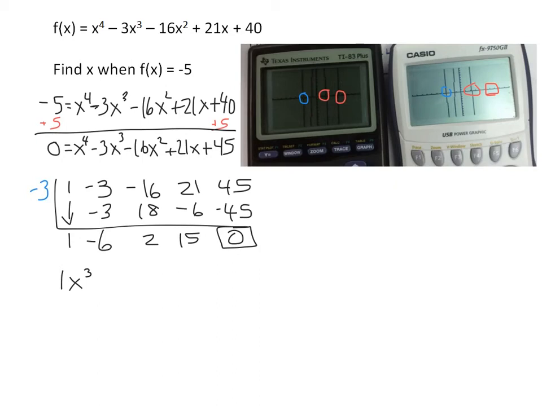Again, it is 1 less than this, so this is x to the fourth, so this will be x to the third. Minus 6, and we're just going to drop x to the third down to x squared, plus 2x plus 15.